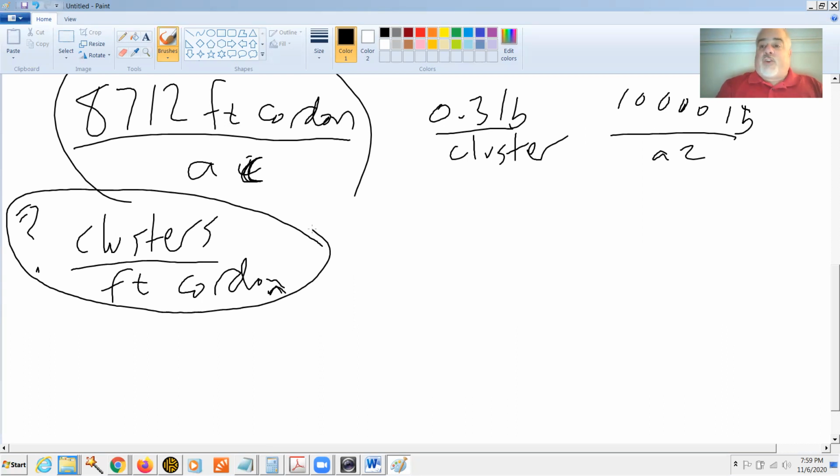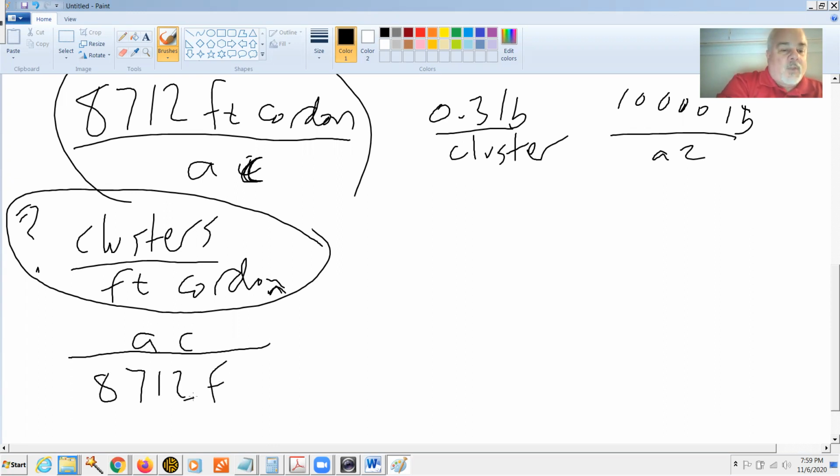I need foot of cordon in the bottom, don't I? My answer, what I'm being asked, is foot of cordon in the bottom. So just think about the units. Don't think about math. I know that I need feet of cordon in the bottom, so how can I do that? I'm going to write each acre has 8,712 feet of cordon.